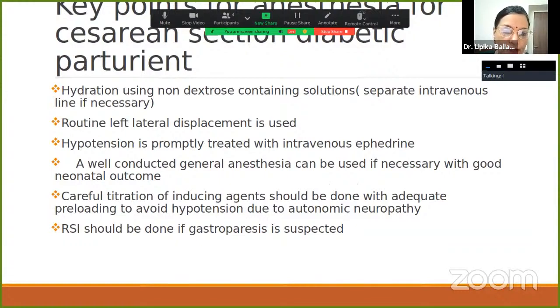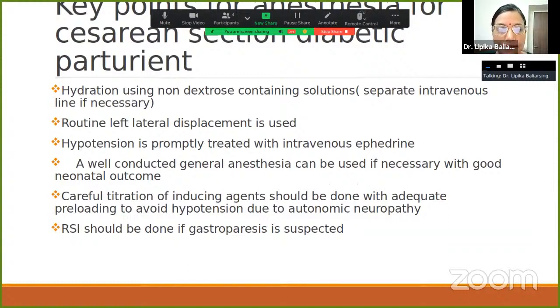As we see, under general anesthesia the fluctuation of hemodynamics and hypotension is not very severe, so clinical judgment should be applied whenever the mother and the baby need it, and careful titration of inducing agents should be done with adequate preloading to avoid hypotension due to autonomic neuropathy. This is a real challenge for us.